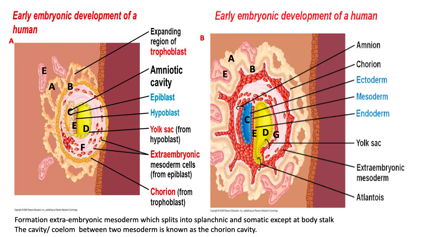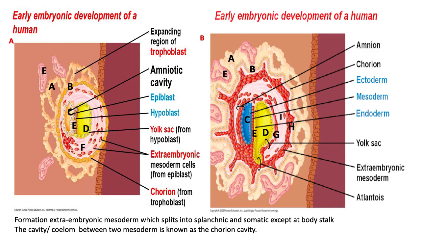And you can see in diagram B, it has split into two. G is the splanchnic extra embryonic mesoderm, H is the somatic extra embryonic mesoderm, which is associated with this cytotrophoblast, and it will grow into the cytotrophoblast to make this projection, that primary villi, into a secondary villi.